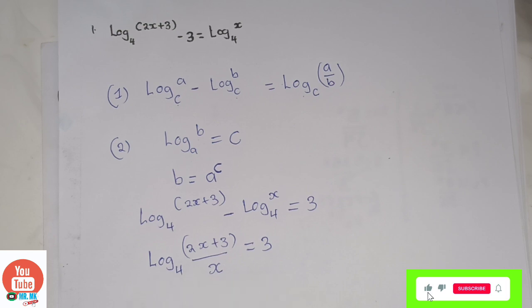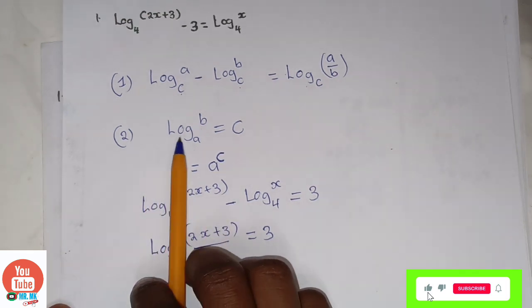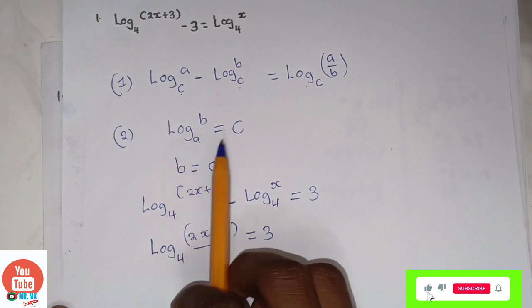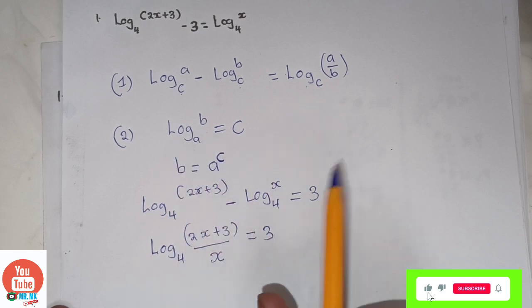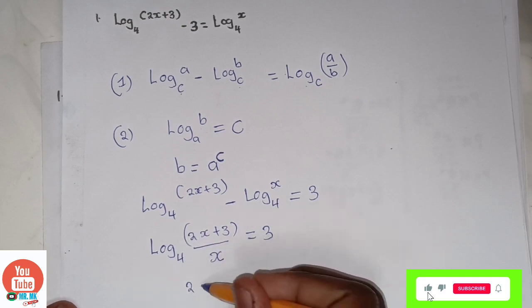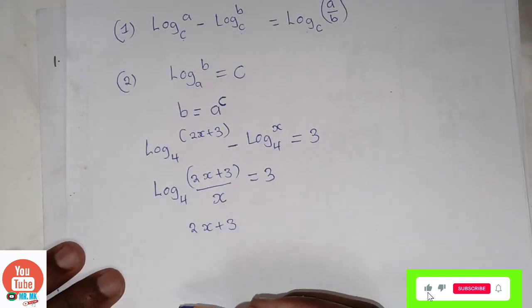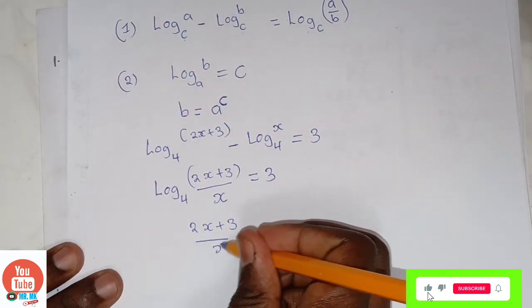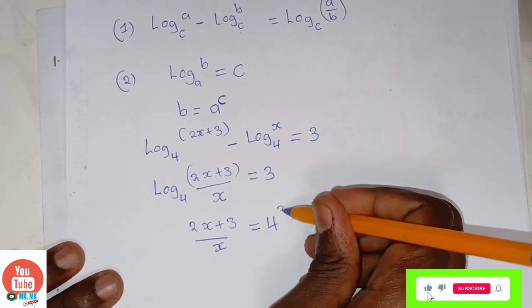Now for that case, log 4, you need to apply the second property, where we say if you need b, it's just the same as a raised to c. Now it is just like this: (2x + 3) over x is equal to 4 raised to 3.